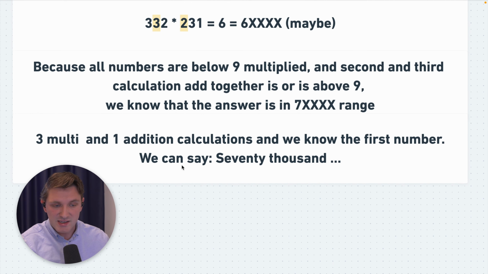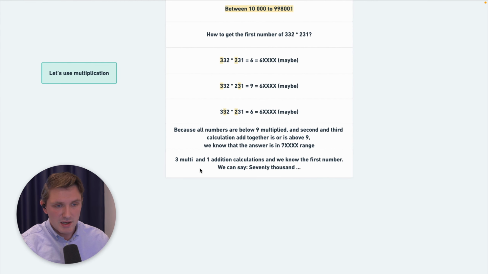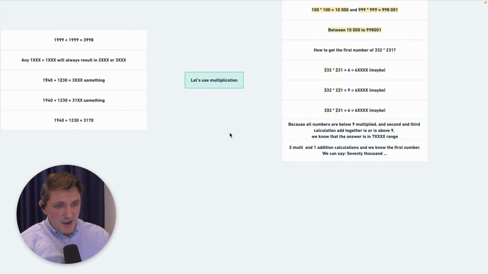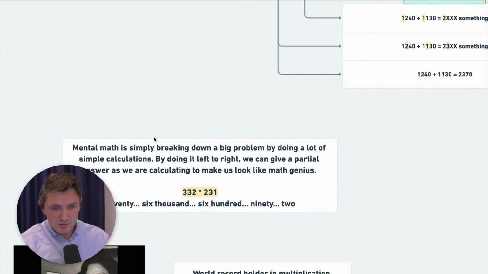And we can start saying 70,000 something, something, something. This is why you go from left to right, right? I will explain this much more in later sections. But basically, that's how you do the mental math part, right?